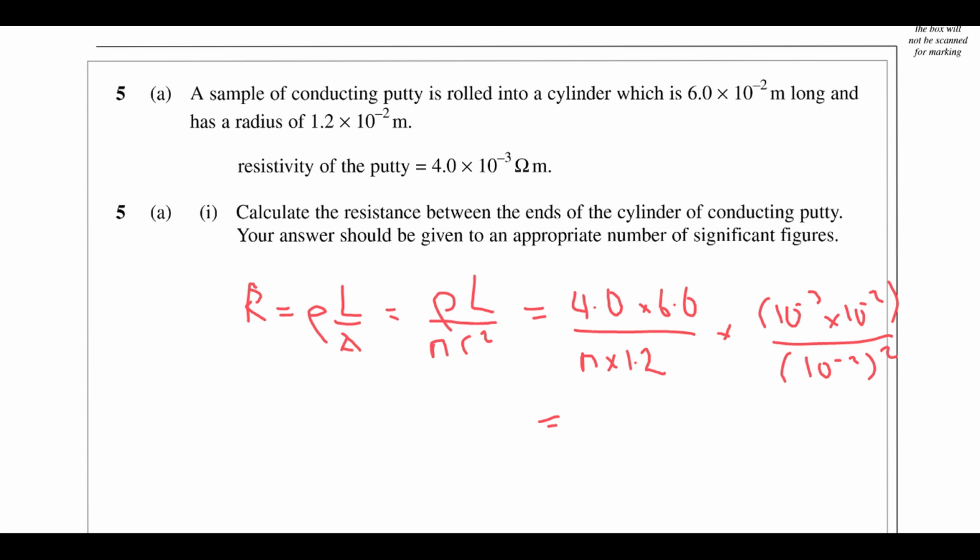And we put all those values in, we end up with a value of 0.53 ohms to 2 significant figures there, because the data we've used is 2 significant figures, and that's one of the marks of this question, will be for giving it to 2 significant figures. Okay, so let's continue on.